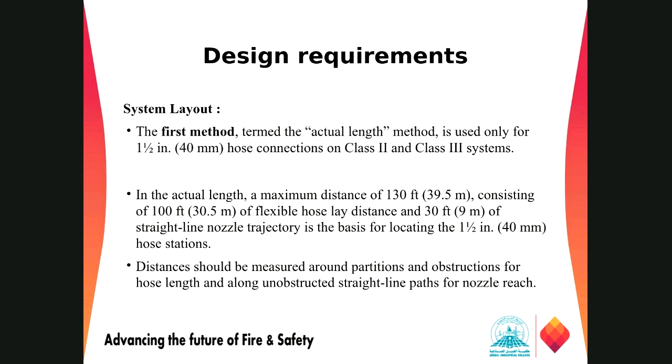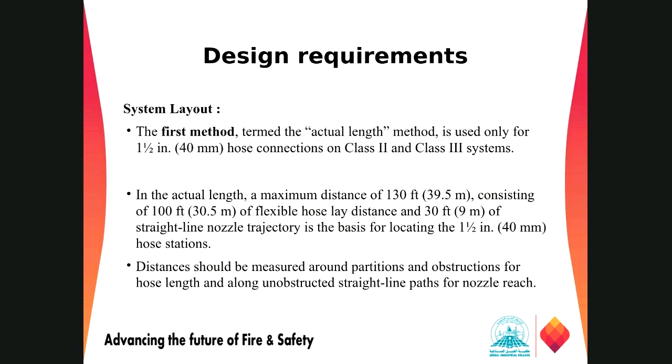So the first method we have, we call it actual length method, right? We just have to calculate the length of the hose and the length due to the discharge of the water nozzles. The actual length method is used only for 40 mm hose connection on class 2 and class 3 system, not for 2.5 inch.